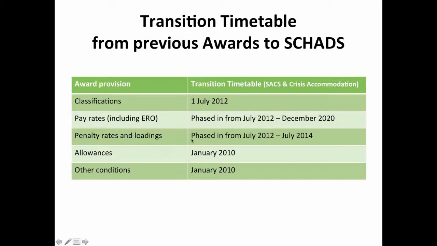Penalty rates and loadings commenced phasing from July 2012, and that transition will go right through until July 2014. Allowances became payable under the Modern Award from January 2010, and all other conditions of the Modern Award have applied from January 2010 also.